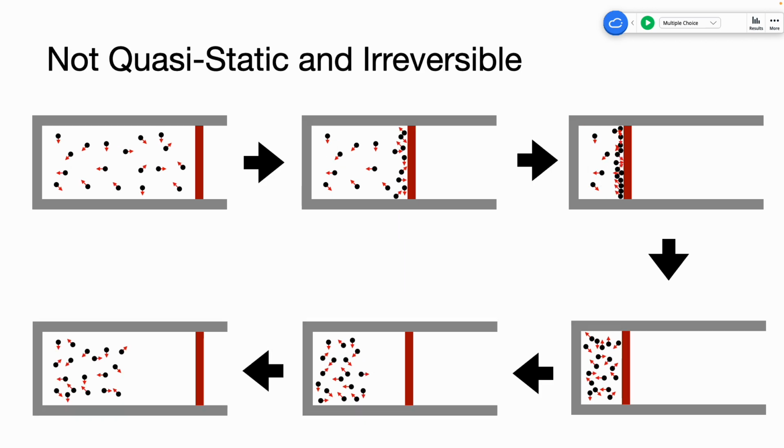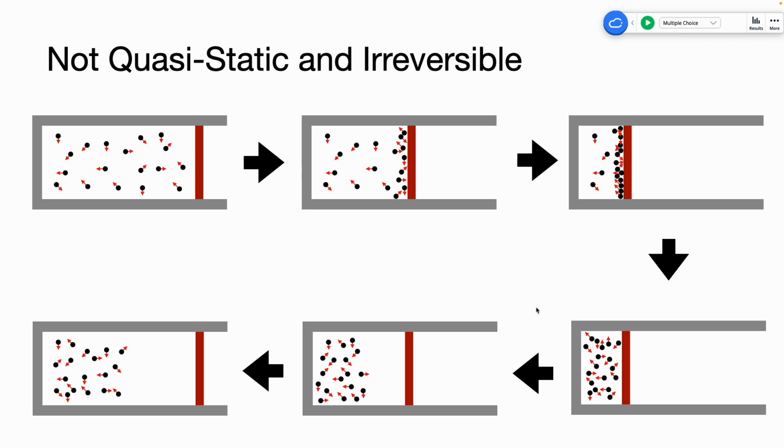Now, let's consider a case which is not quasi-static. You can push the piston really fast, which makes the gas accumulate by the piston when you are pressing it. That will create a bigger work because the pressure is bigger. And if you also release the gas real fast, in this time, instead of accumulating on the piston, they will not have time to reach the piston yet.